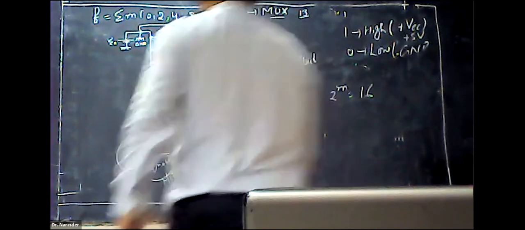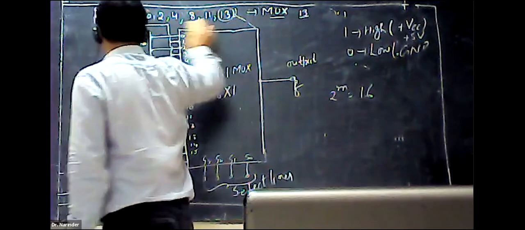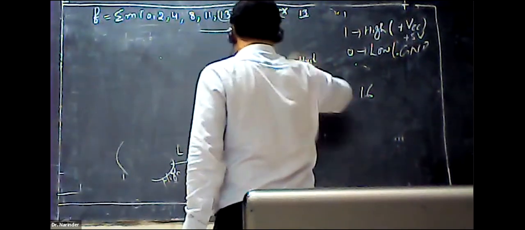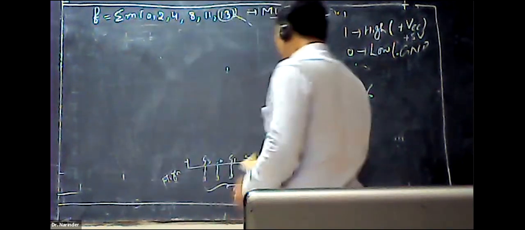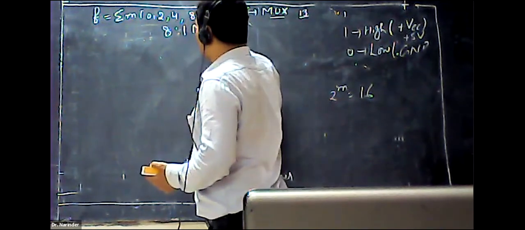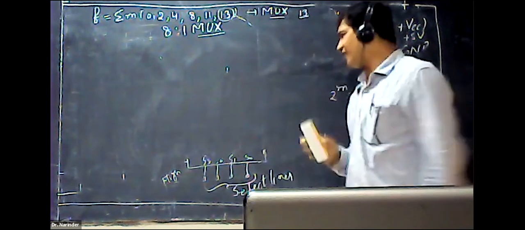We will implement the same expression by using an 8:1 mux. So here we need 3 select lines.